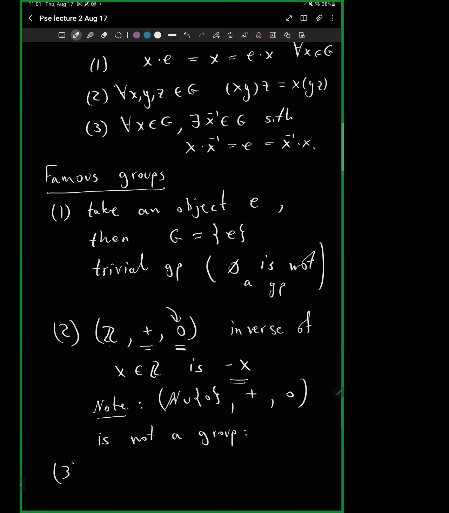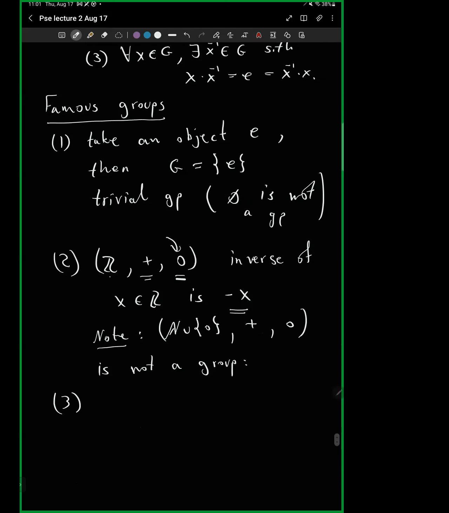The third example is one that you know. I take the integers modulo n. You can view it as the set of numbers from 0 up to n minus 1.